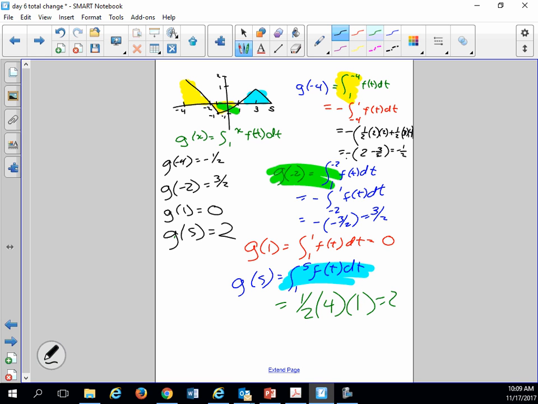There's 2. They're actually in order right there. No, they're not. So you go -4 to 1 to -2 to 5. But they need to be in order. 33.